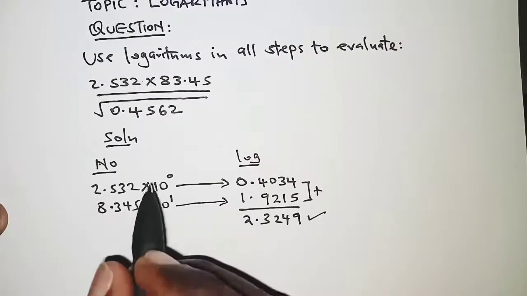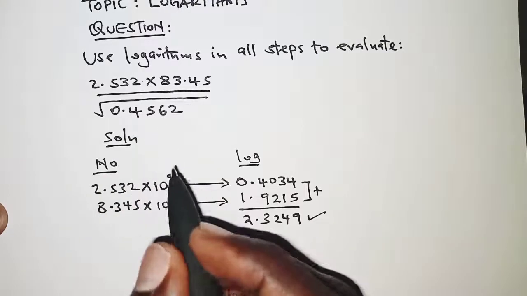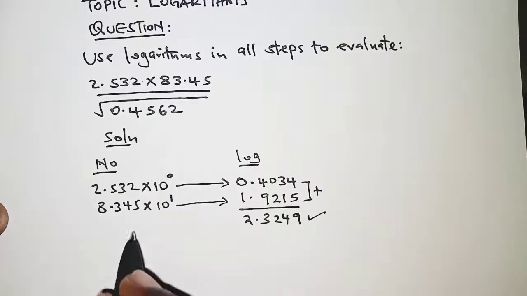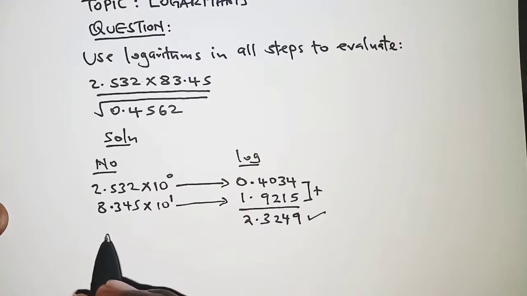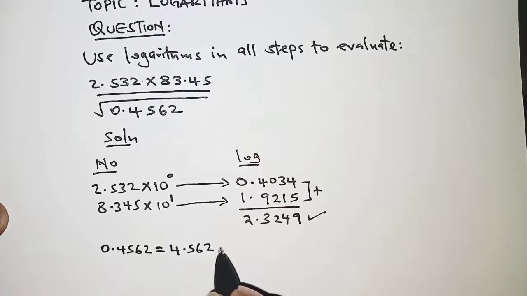On the denominator we have the square root of 0.4562. 0.4562 in standard form should be 4.562 times 10 power negative 1.